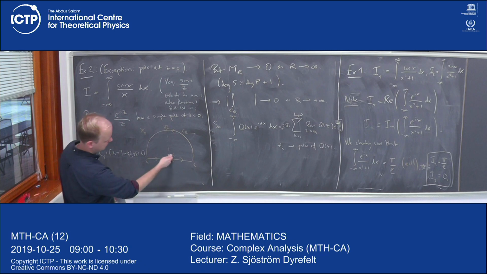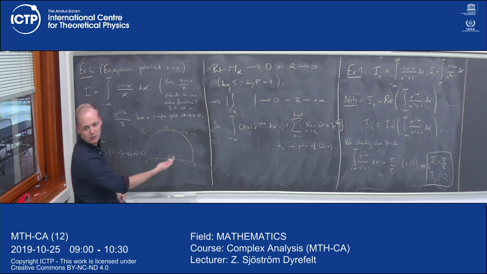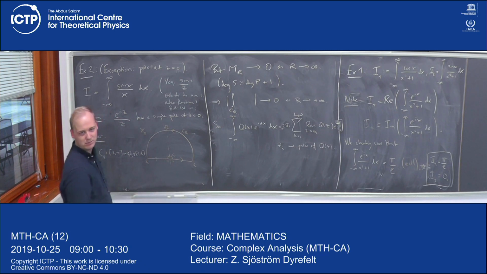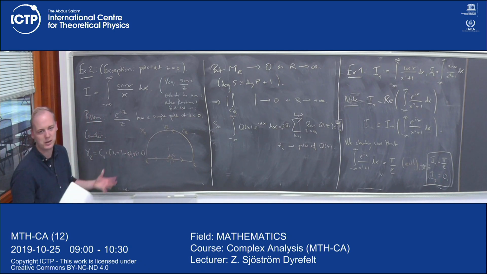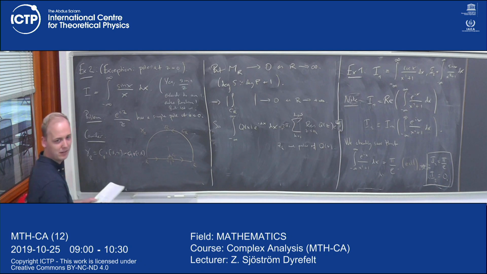And of course, with the notation C epsilon, it should be counterclockwise. That's why I write minus. You have to keep track of it, but the notation is just to try to write something that makes some kind of sense.